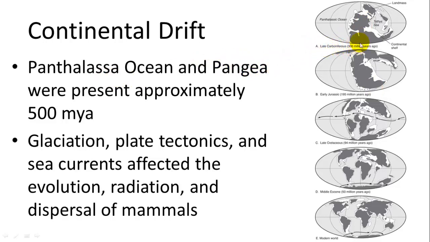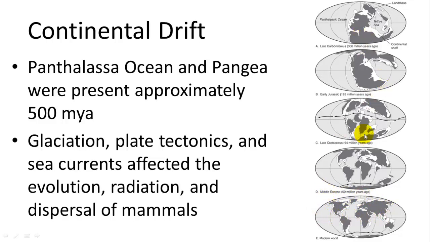Here, the late Carboniferous shows some of the breakup which is occurring in Pangaea, and they continue to split and shift until we have now our 7 continents today, with Antarctica covering the southern pole, and most other land masses over the northern latitudes.